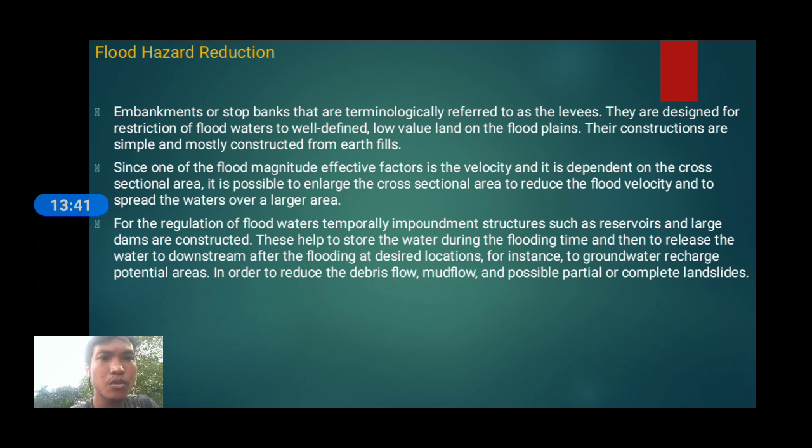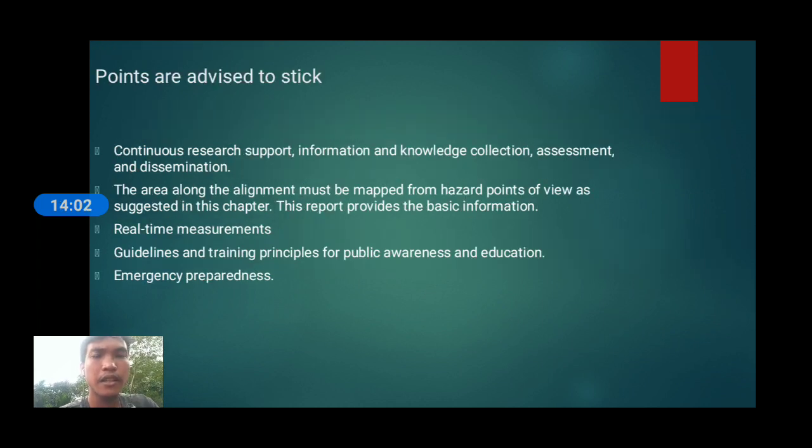This helps to store water during flooding time and then to release the water downstream after the flooding at a desired location, for instance to groundwater recharge potential areas, in order to reduce the debris flow, mud flow, and possible partial or complete landslides. Then points are advised to stick to: continuous research, support, information and knowledge collection, assessment and dissemination.